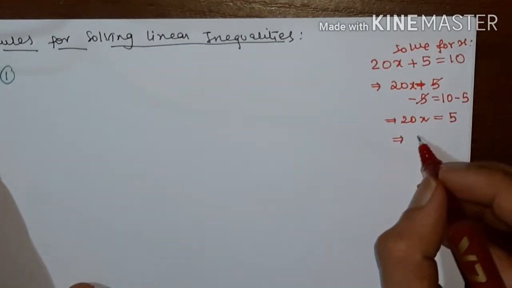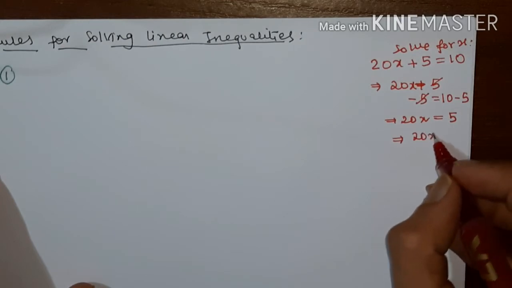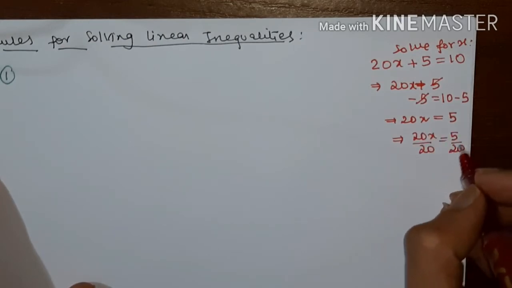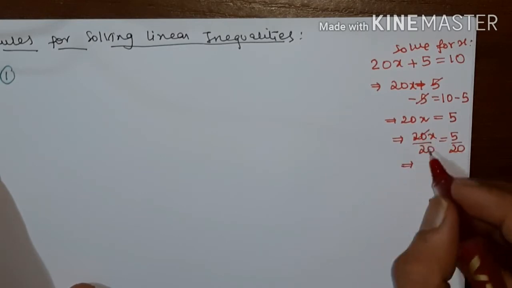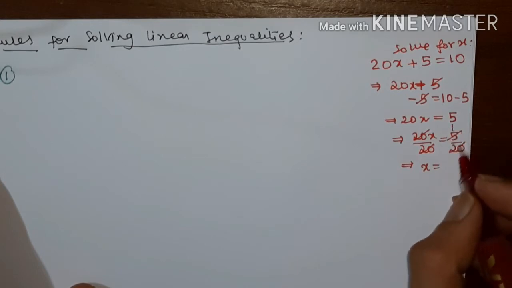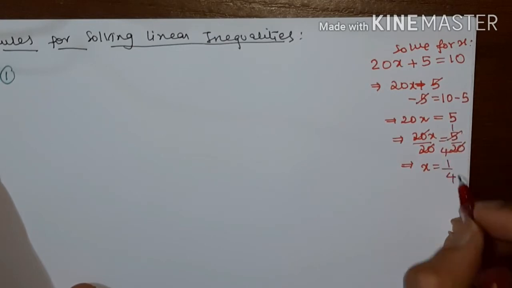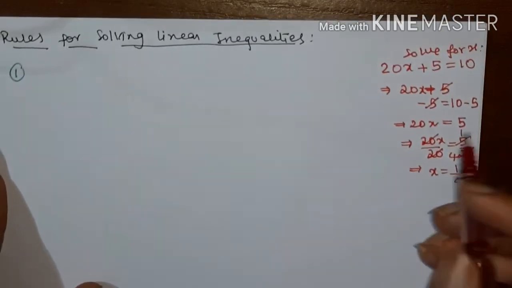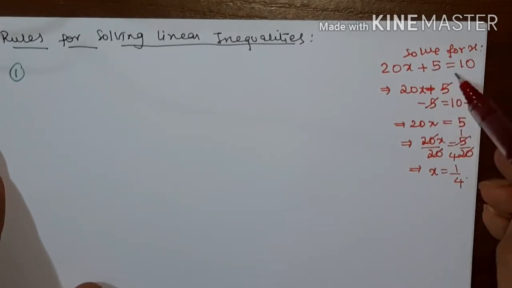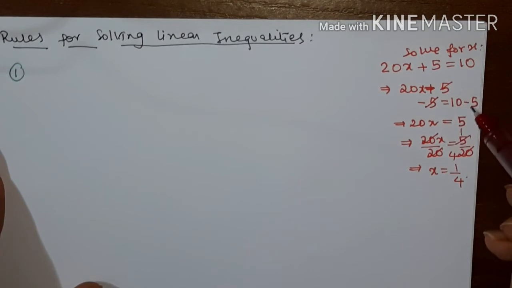Now you will divide by 20 on both sides, right? 20x divided by 20 equals 5 by 20. So 20 and 20 will get cancelled, and x is equal to 5 by 20; 5 1s are 5, 5 4s are 20, so 1 by 4. So you see that in this first step what you're doing is subtracting 5.